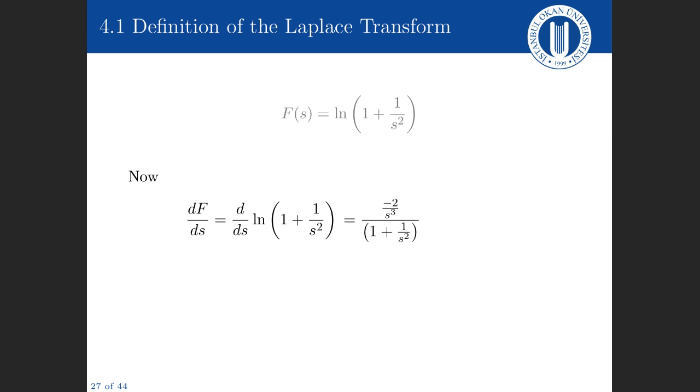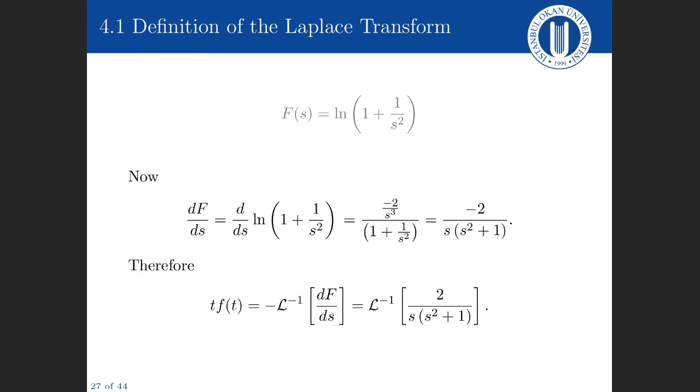Using the chain rule, this is minus 2 over s cubed, times 1 over 1 plus 1 over s squared, which we can simplify to minus 2 over s times s squared plus 1. That means that t multiplied by f of t is the inverse Laplace transform of this function.